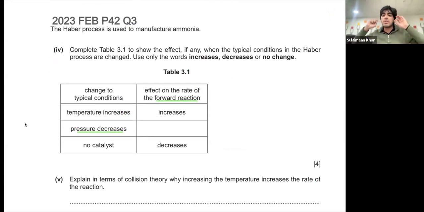It doesn't matter whether it's the forward or backward reaction. If you decrease the pressure, what's going to happen to the rate of reaction? The rate of reaction is going to decrease. And why? We already went over it: the particles are now going to move further apart, and therefore the frequency of collisions decreases. And if the frequency of collisions decreases, the total effective or successful collisions decrease.